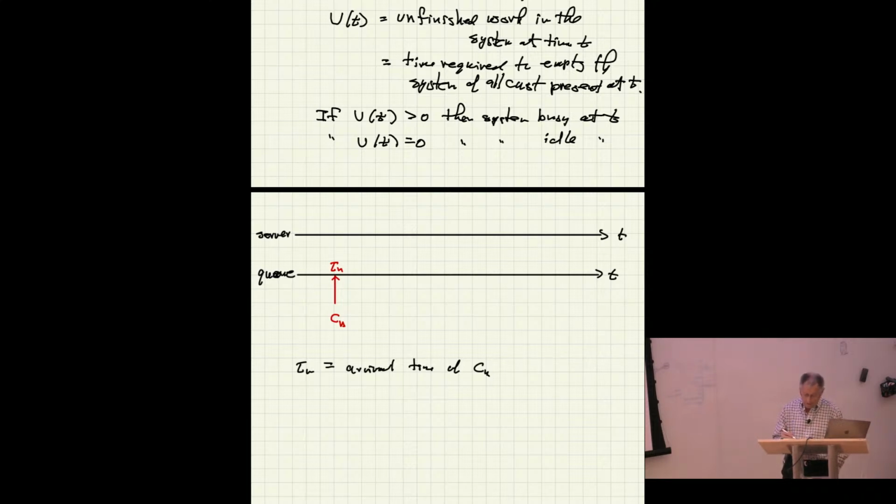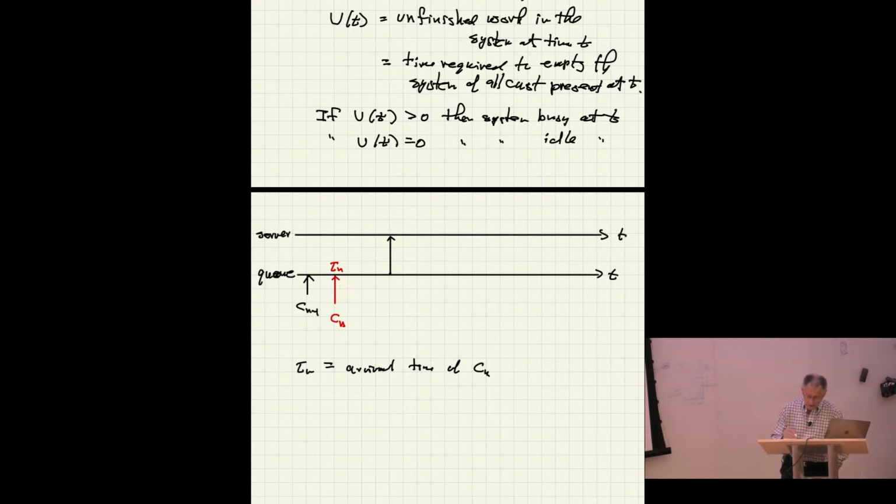Now before him, somebody else came in. I'm going to call him, what's the name of the guy that came in just before him? Cn minus 1, right? Let's assume that happened here. And let's, for the heck of it, just say that Cn minus 1 leaves the queue and goes into service at this point. Notice he's leaving the queue axis, going to the server axis.